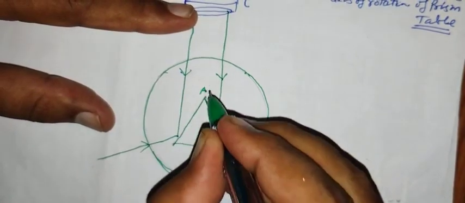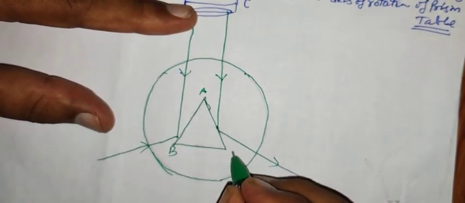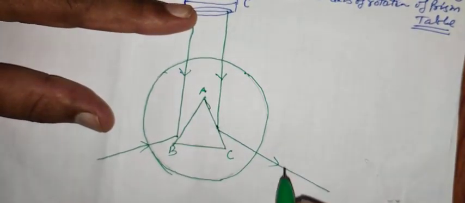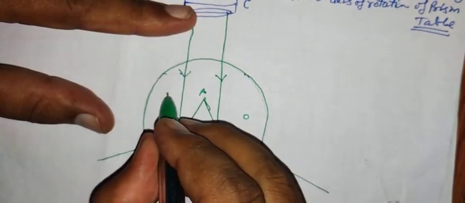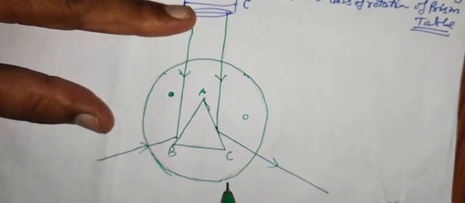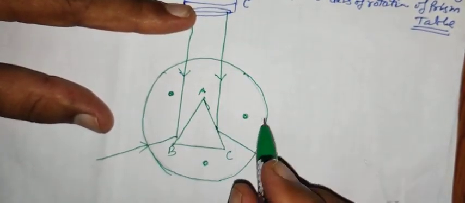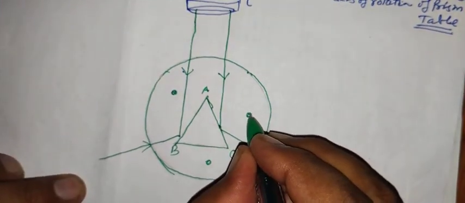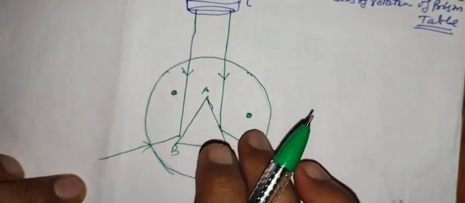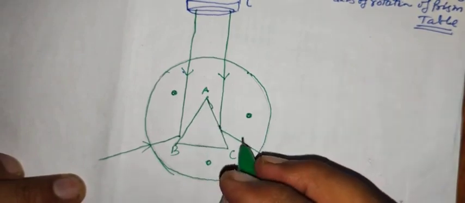Let the prism be ABC. Here three leveling screws are given, which are adjusted in such a way that this situation is obtained, by moving the screws.